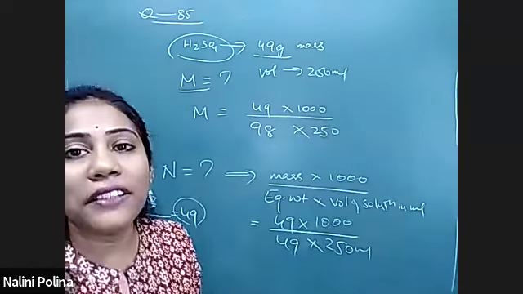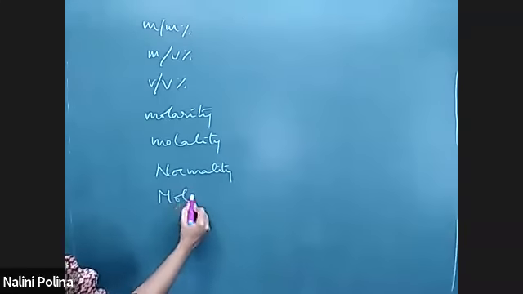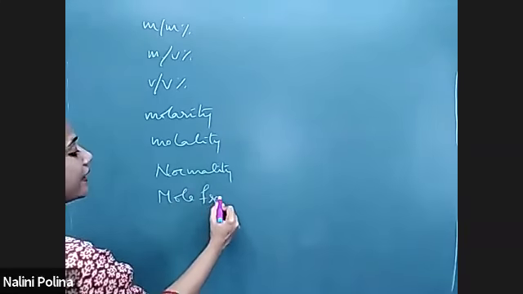We have studied mass by mass percent, mass by volume percent, volume by volume percent, and then we went for molarity. Then molality we have seen, normality we have seen, and mole fraction we have seen. So these are the different concentration terms we have studied.